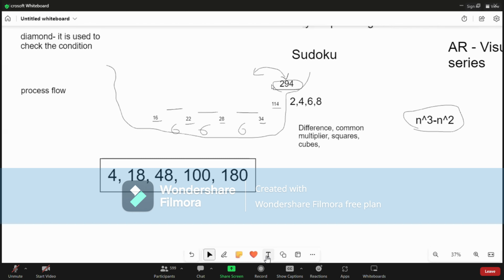Let's just check what the difference is over here. The difference here is 14. And then the difference here is 30. And then the difference here is 52. And now again, the difference here is 80.